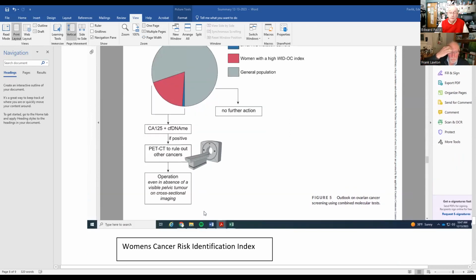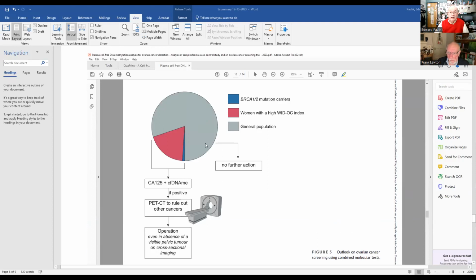And what we're going to do is use a women's cancer risk identification index to define a wedge of the pie. And we're going to use BRCA 1 and 2 positivity to make up another small wedge of the pie. And those are the people they feel should be recommended for both the combination of their methylation assay as well as CA-125.